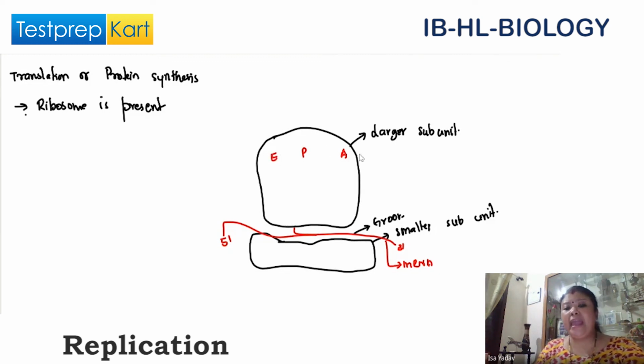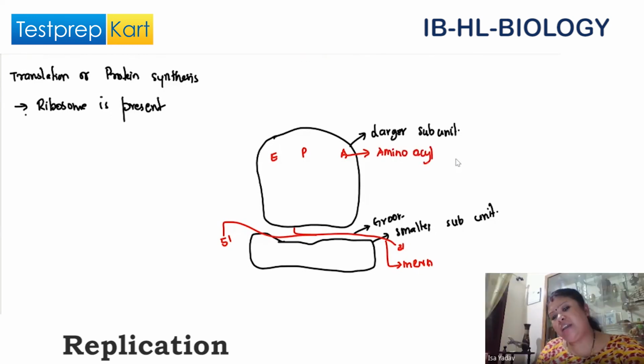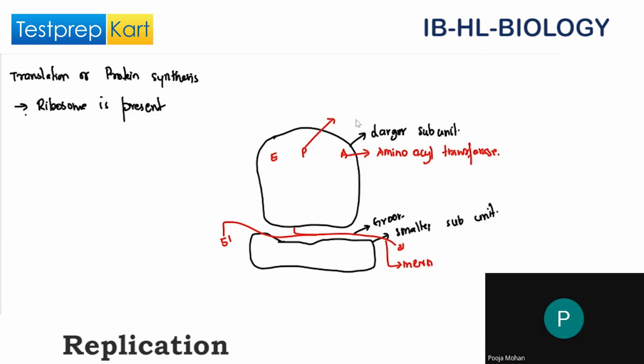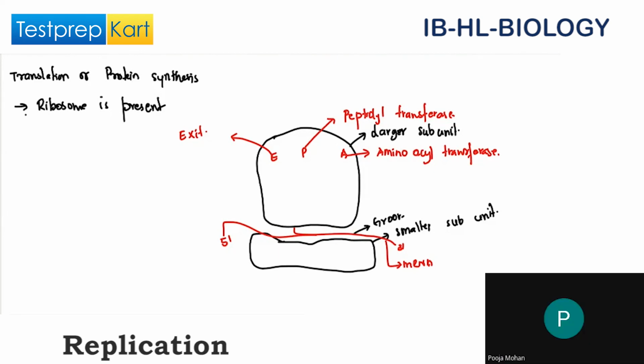A site is aminoacyl transferase. P site is peptidyl transferase, and E site is exit site.